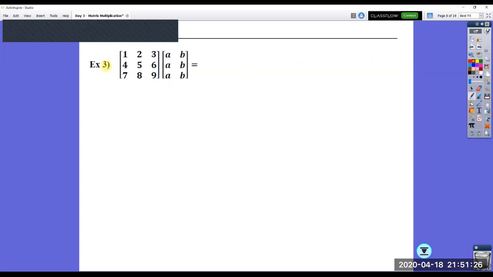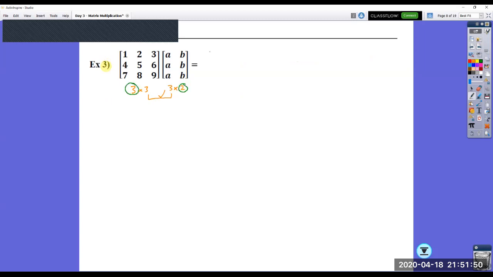But notice when I take a look at this, example 2 and example 3 are the exact same, except the order has been switched in terms of the matrices. This is a 3 by 3, and this is a 3 by 2. Notice, those numbers are now the same. I can have a solution matrix. I can multiply them.